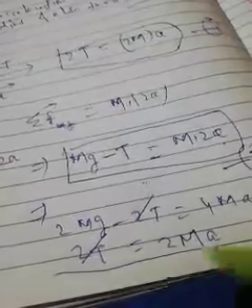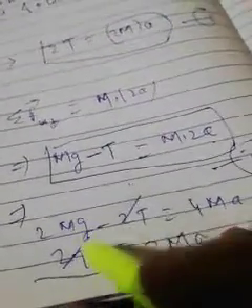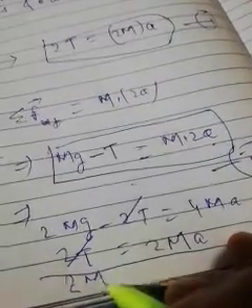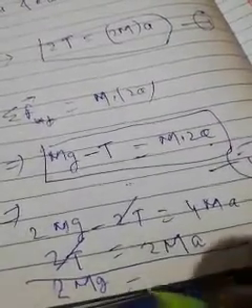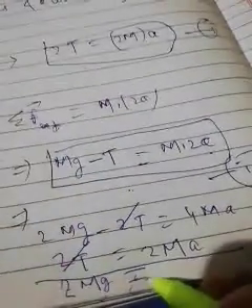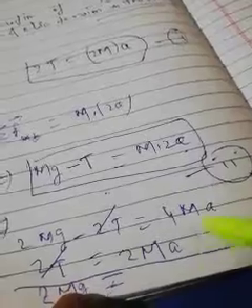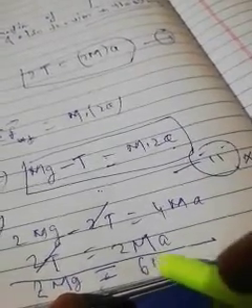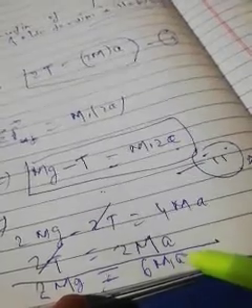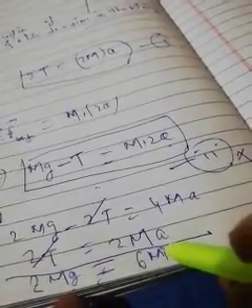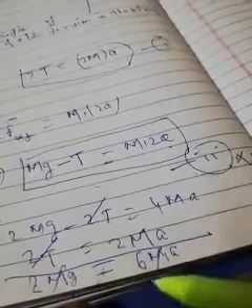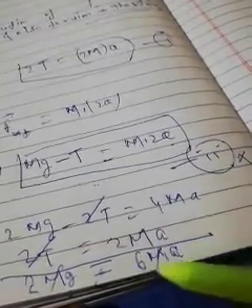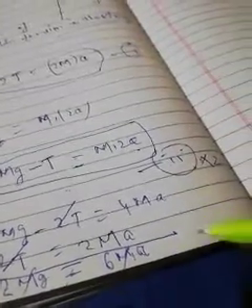Minus 2T plus 2T cancel. So it is 2mg equals 6ma. The m's cancel. So the value of A is 2g by 6.